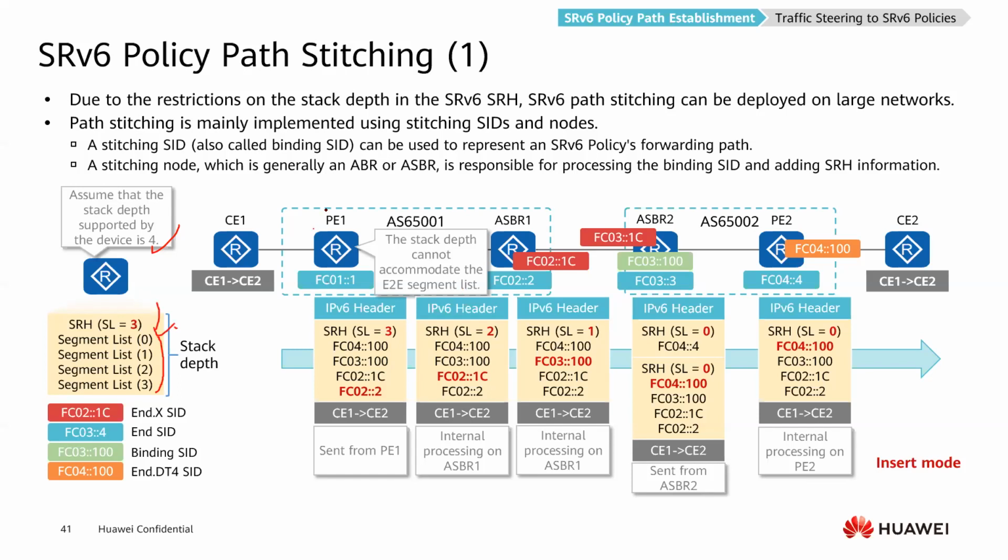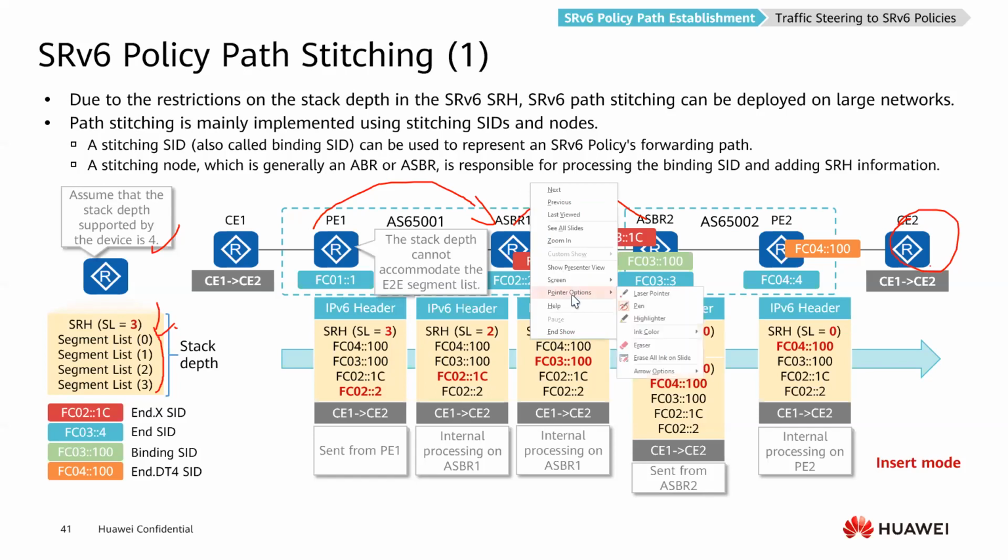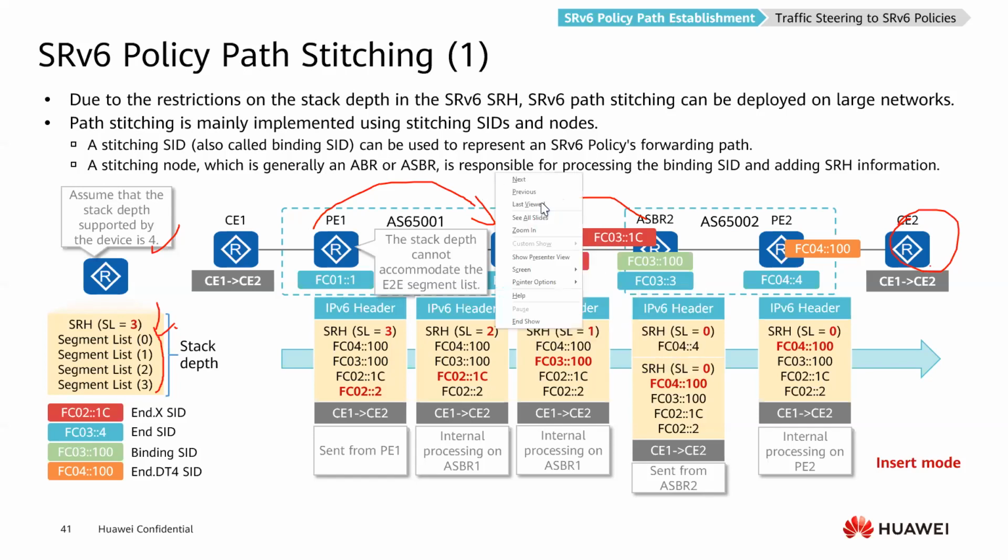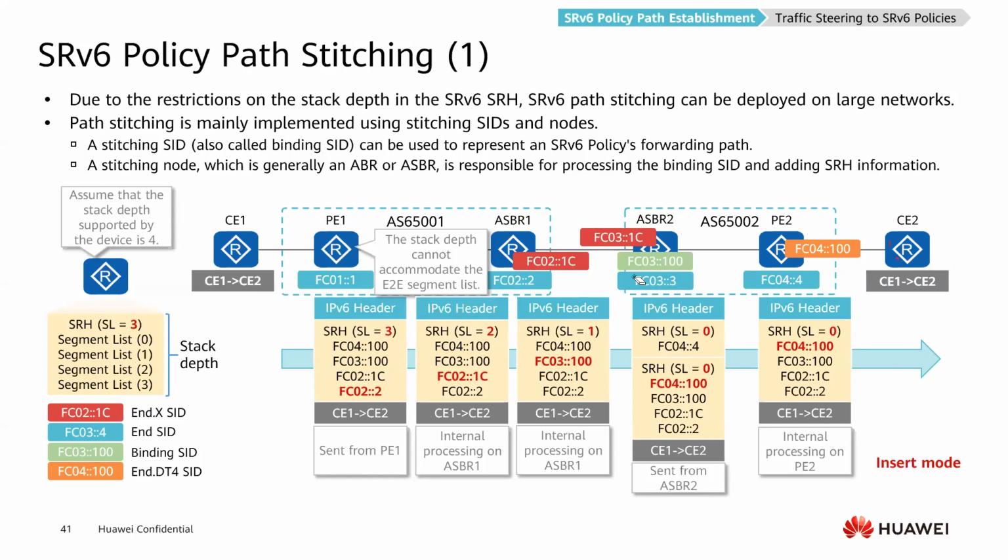If we do the forwarding with just the 4, we cannot reach the other end. So what to do? We can do stitching.